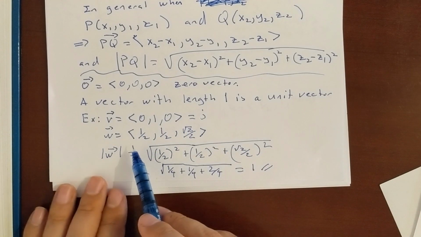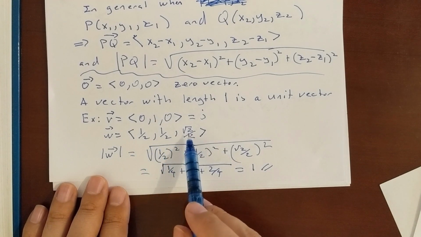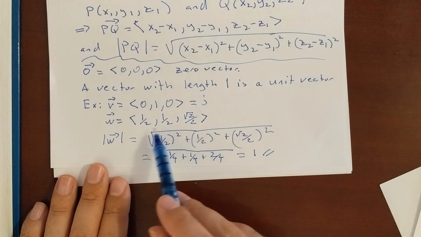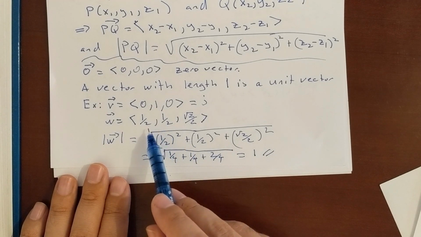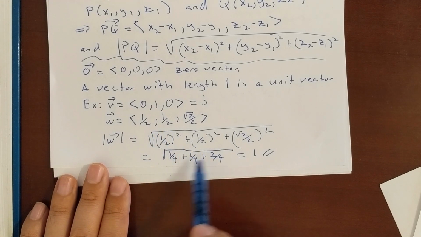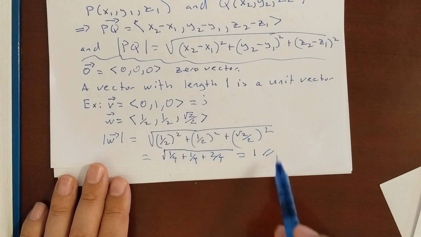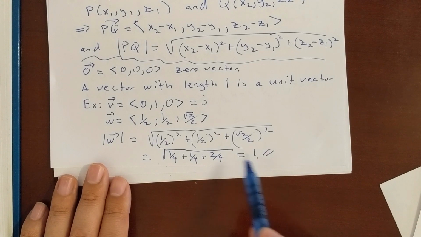Also, this guy, w equals (1/2, √2/2, 1/2), would be a unit vector. Why? If you square them, 1/2 squared plus 1/2 squared, 1/4 plus 1/4, that's going to be a half. Root 2 over 2 squared is 2/4, that's going to be another half. So the length of it is 1. So this is also a unit vector.